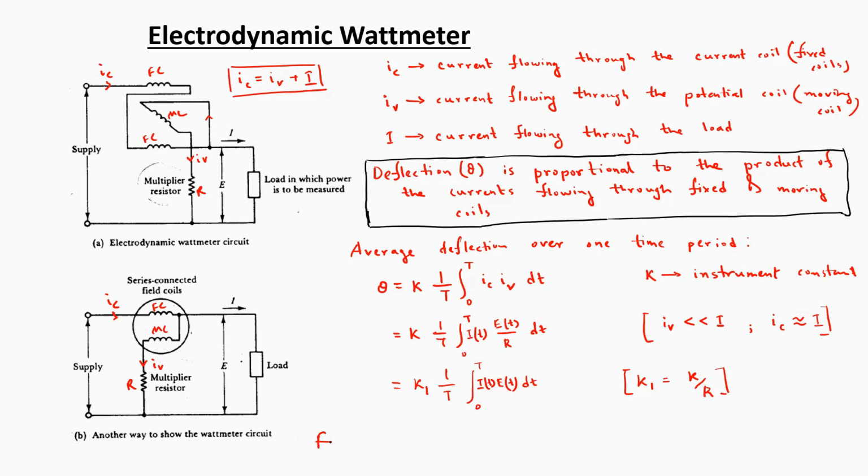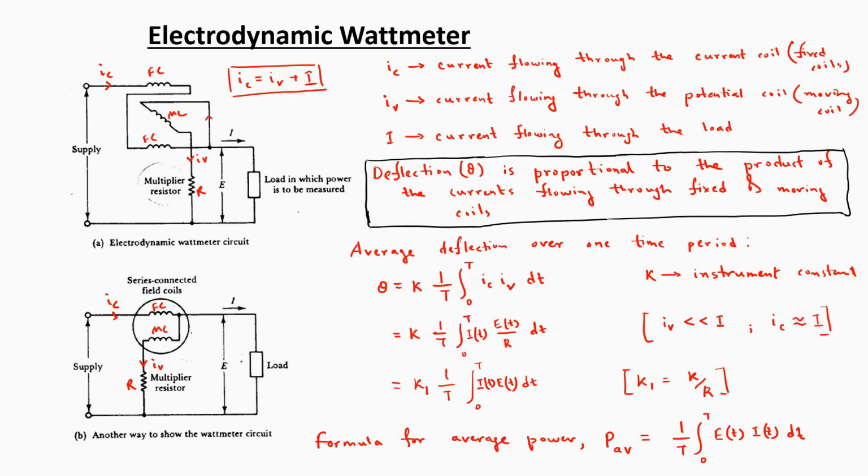The formula for average power, if we represent it in terms of time period, would be 1 by T integral from 0 to T. It can also be said that it is the product of the voltage and current, integrating them from the limit 0 to T and dividing by the time period to take the average.